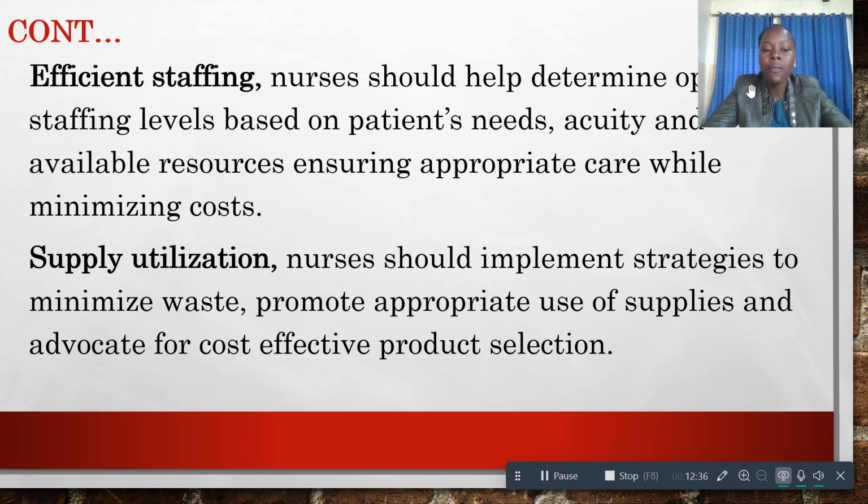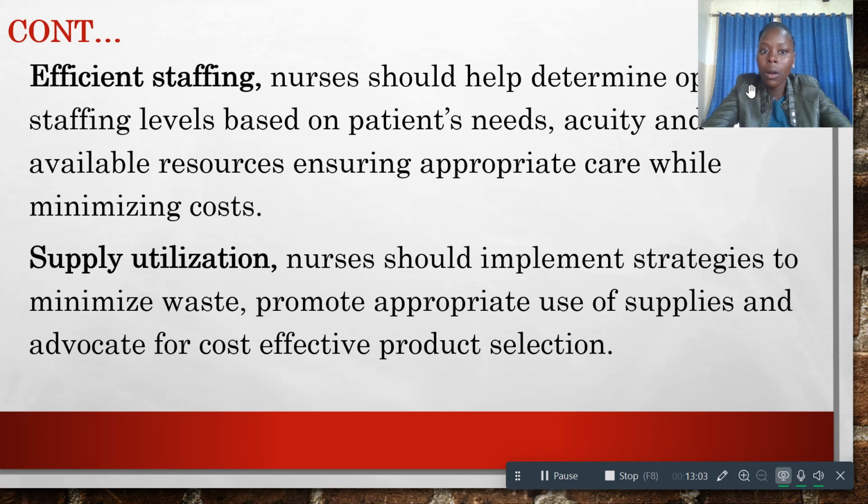Because you might find that at a facility you need more manpower, when you can't handle all you're supposed to handle in that department alone. So you're going to come up with suggestions to a responsible personnel or to the administration that you need a certain number of staff to help you at your department.